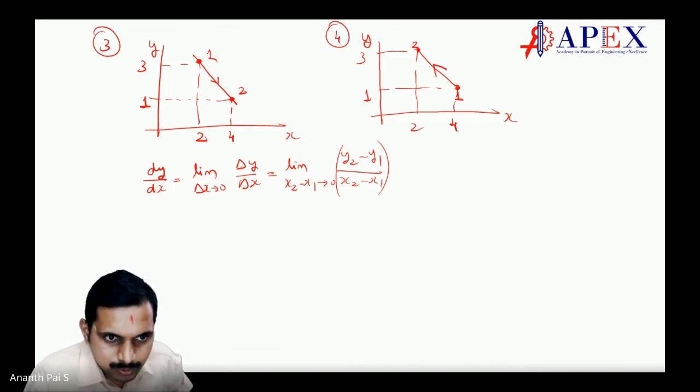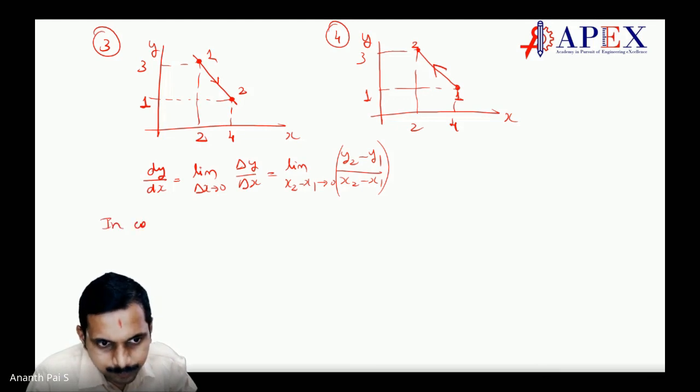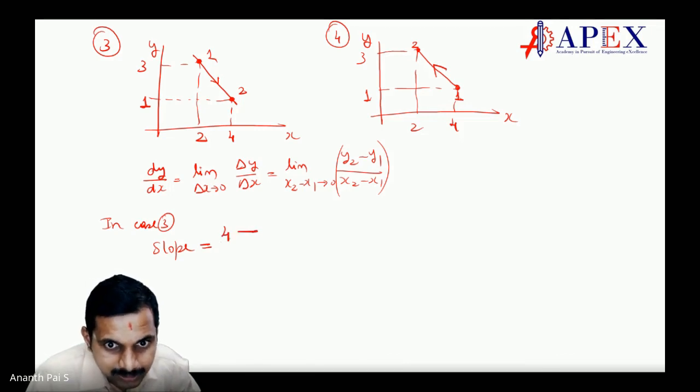So in case 3, what is the slope? Slope is nothing but delta y by delta x. What is y2 here?